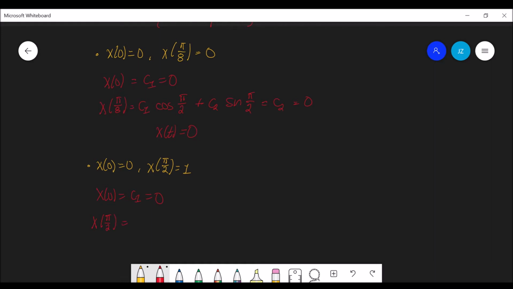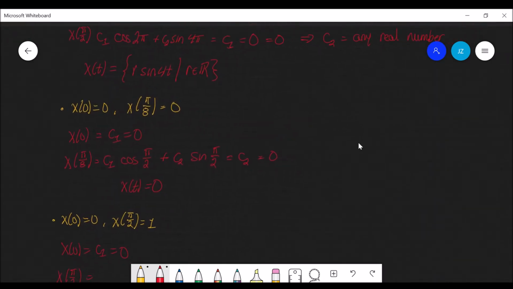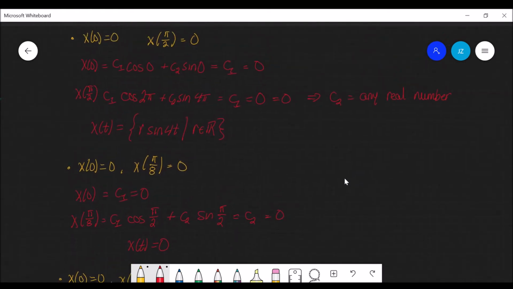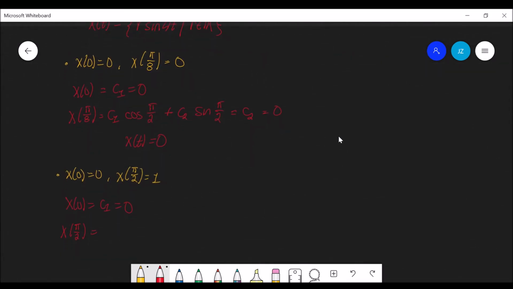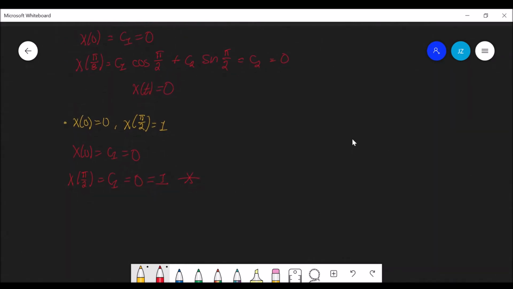X of pi over 2, once again, from the first boundary condition, is also c1, which from above is 0, but the boundary is supposed to be 1. Well, this says that 0 is equal to 1. This is nonsense. This is a contradiction. This means that this boundary condition has no solution.